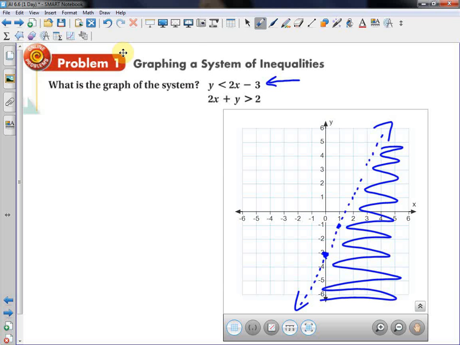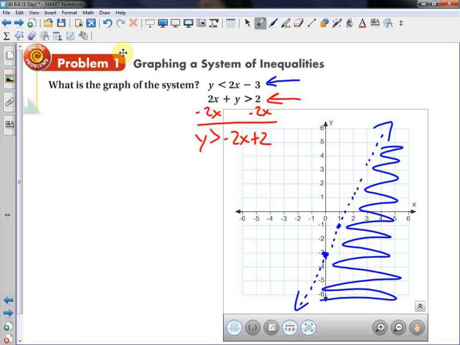All right, the next one, which I'll draw in red, is in standard form right now. Now, I know the favorite for most people is to put it into slope-intercept form first. So we'll go ahead and minus 2x, minus 2x. I get y is greater than -2x plus 2. So first thing, dotted line again.